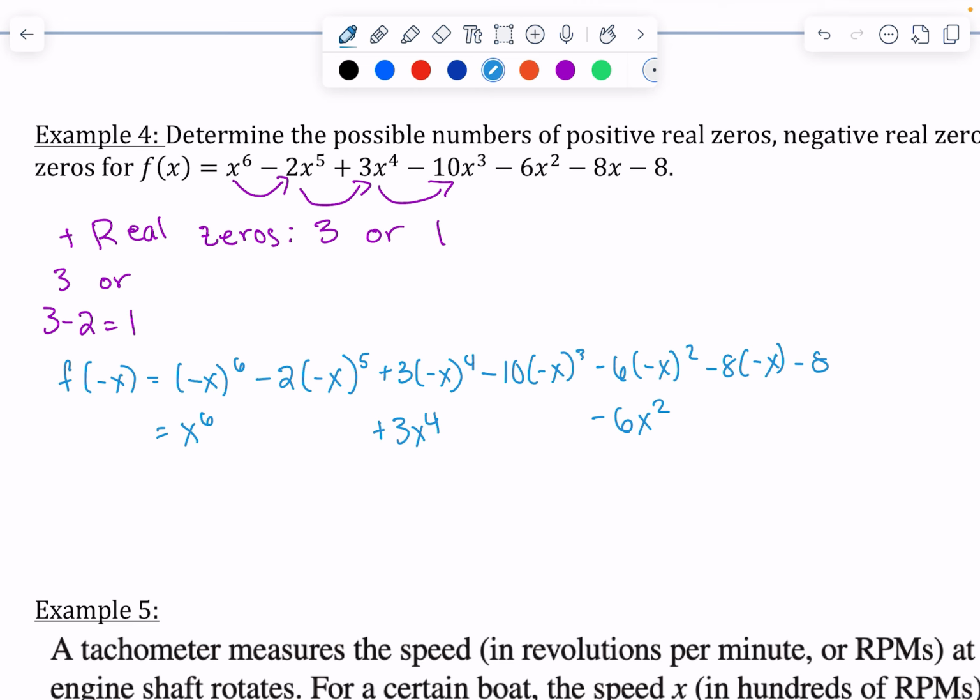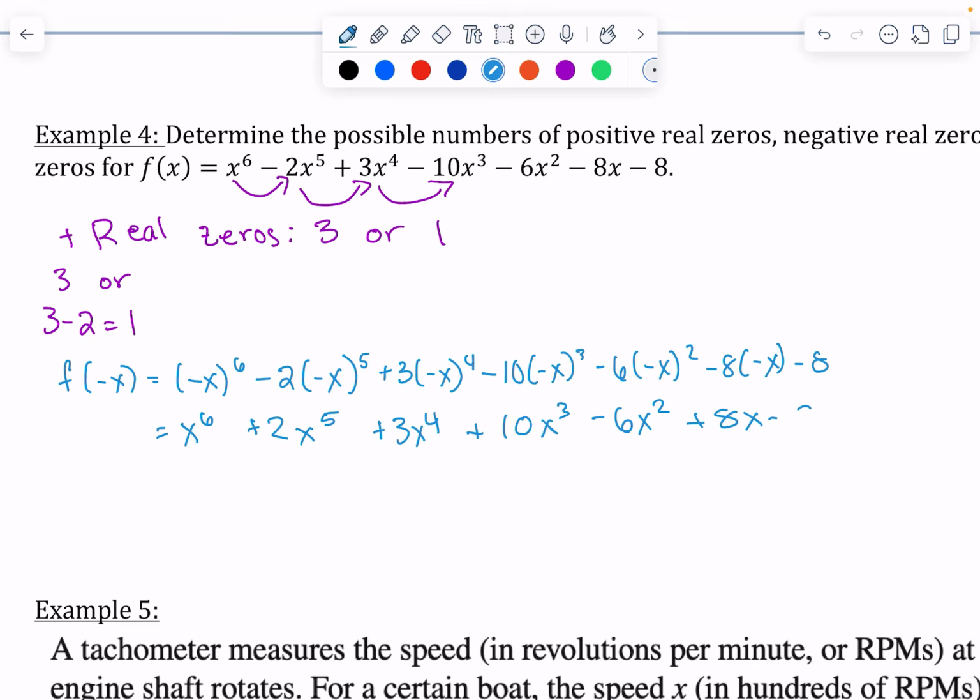Anytime you have a negative x raised to an odd power, that's going to stay negative. So this is going to be negative x to the 5th times negative 2, so that becomes positive 2x to the 5th. Negative x cubed times negative 10, positive 10x cubed.